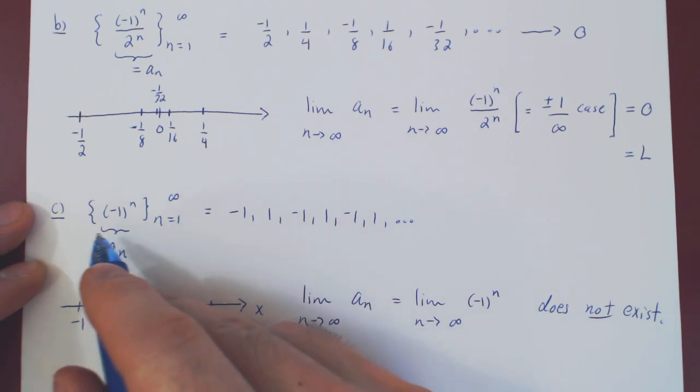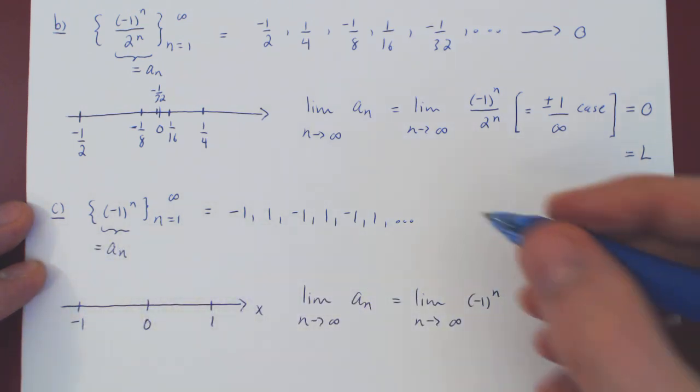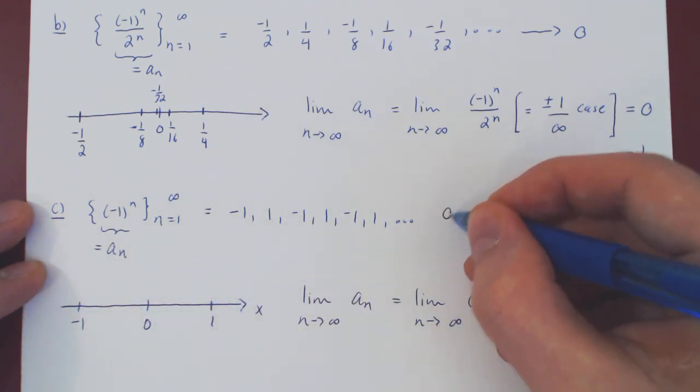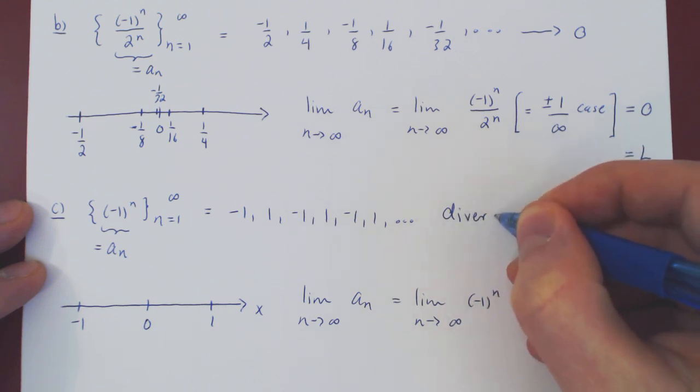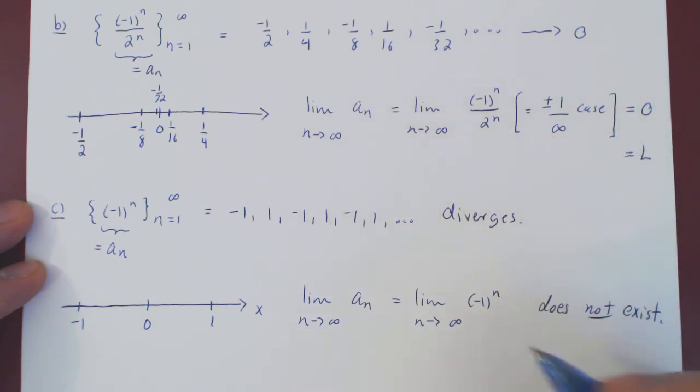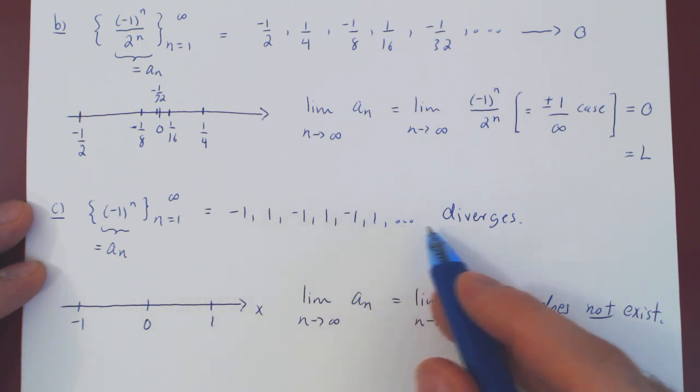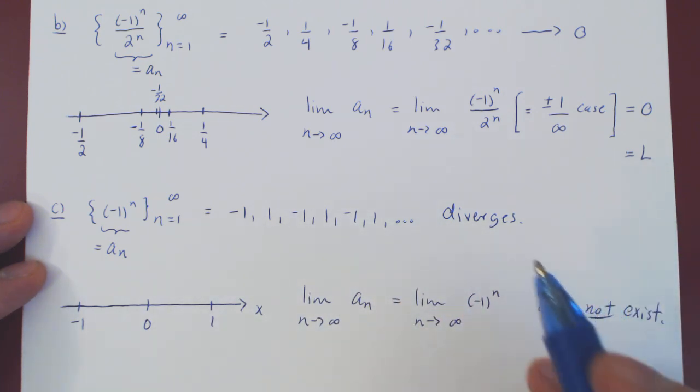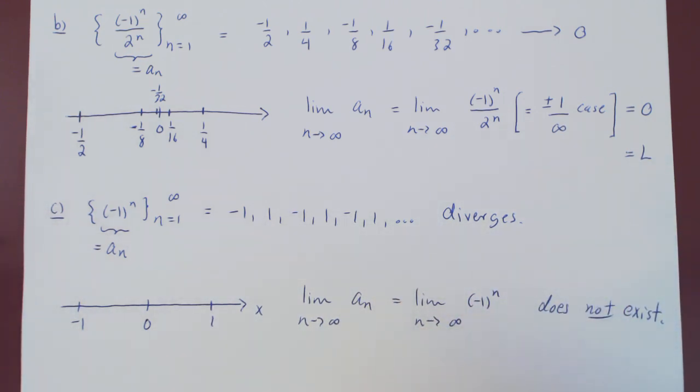So if we look at the given sequence, the conclusion is that it simply diverges. As n is getting bigger and bigger and bigger, we are not approaching a unique real value.